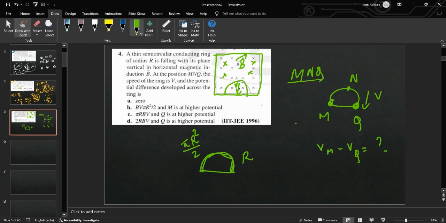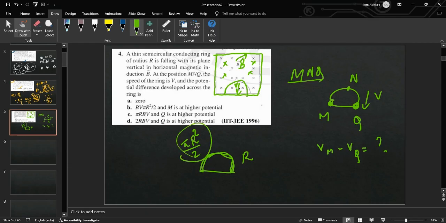Here the magnetic field is constant, a uniform magnetic field, so the area is changing.